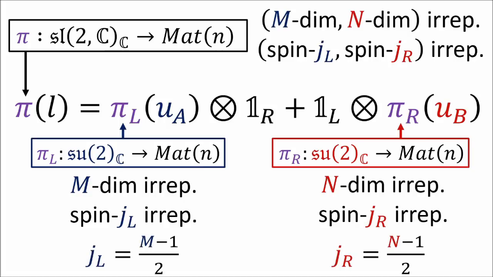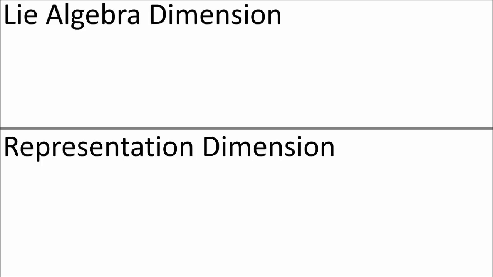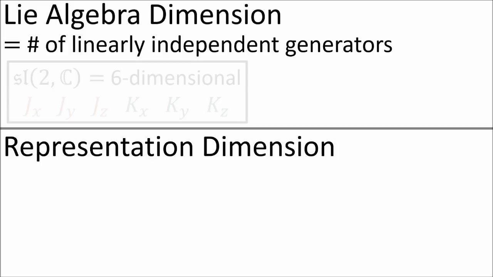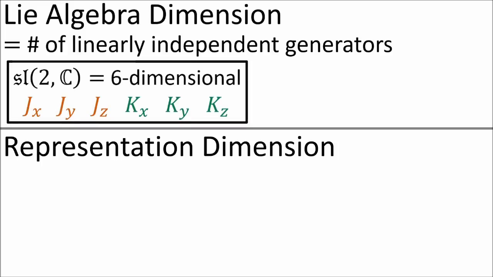I also want to clarify the difference between the dimension of a Lie algebra and the dimension of a Lie algebra representation. The dimension of a Lie algebra is just the number of independent generators in the algebra. So SL2C is a 6-dimensional algebra because it has 6 generators, which act as the 6 basis vectors for the vector space.